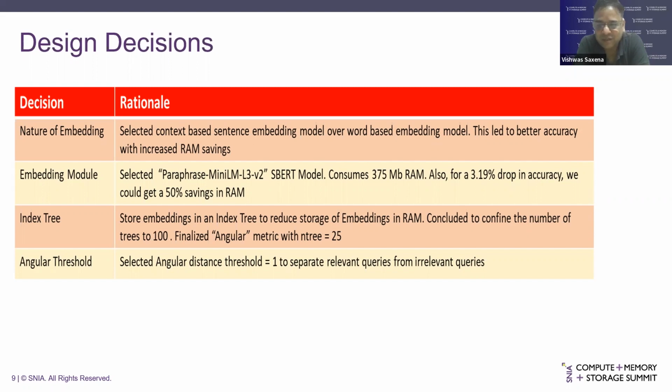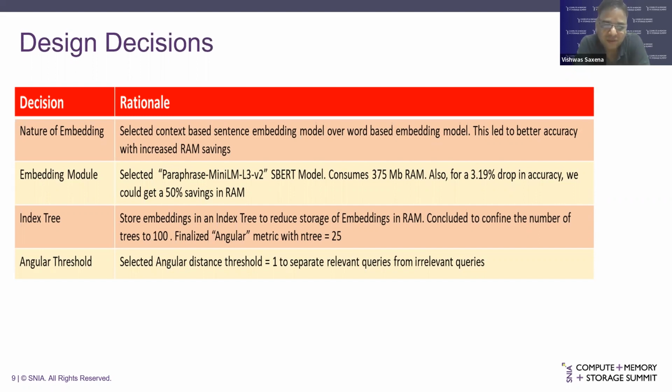It consumes about 375 MB of RAM, and for a 3% drop in accuracy, we save about 50% of the RAM. So we can actually use about 768 MB of RAM if we really need 3% more accuracy.